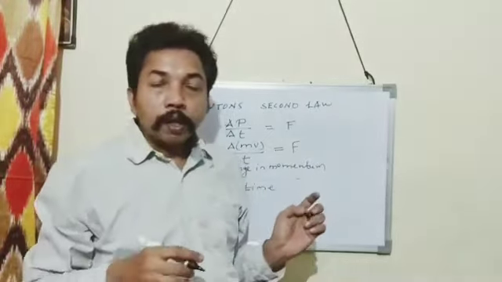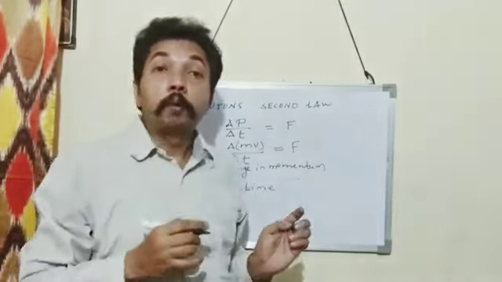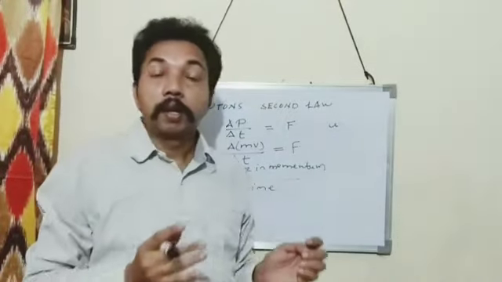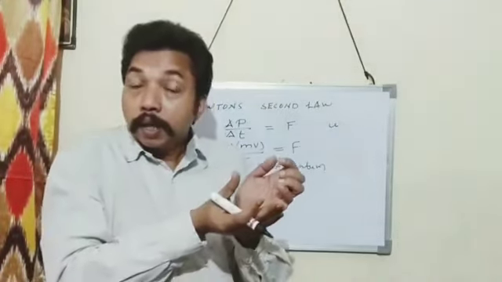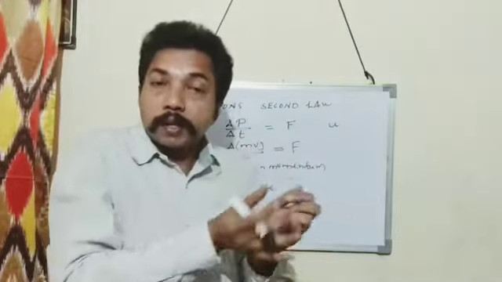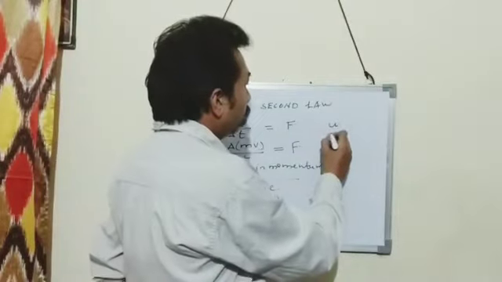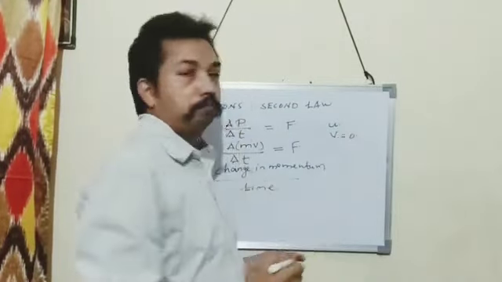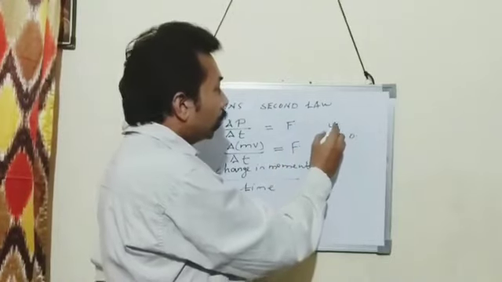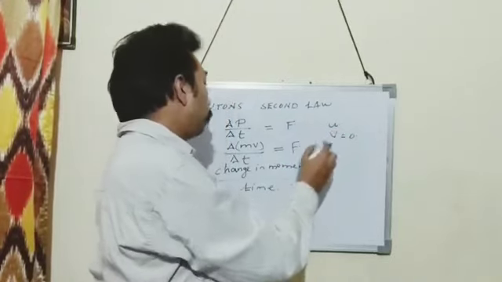Suppose that the ball is coming with a certain initial velocity, and when it comes to the state of rest, the final velocity is 0. Rate of change in momentum means the change in momentum upon time taken.